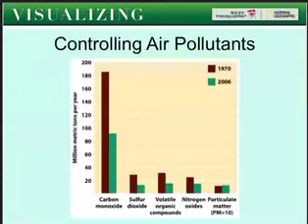But what I want you to notice in this diagram is the difference between the levels of these pollutants between 1970 and 2006, '06 in the green bars and '70 in the dark brown. Okay, so again, substantial drops in virtually all of these air pollutants with, again, the exception of particulate matter.